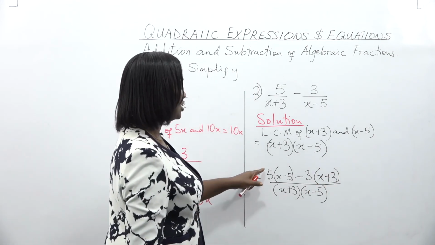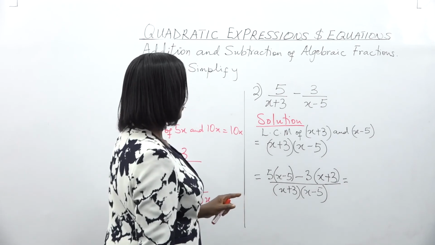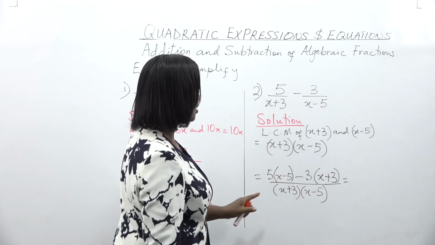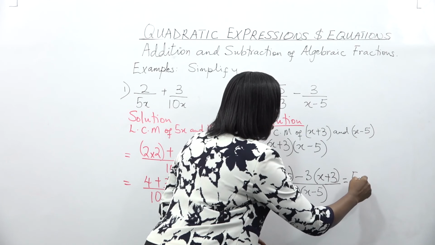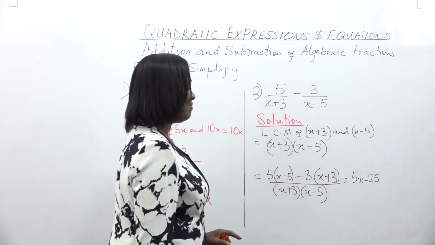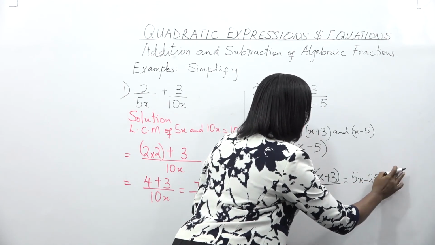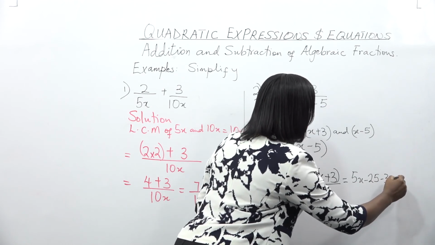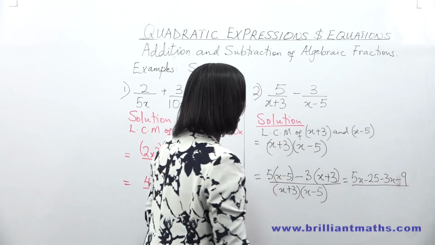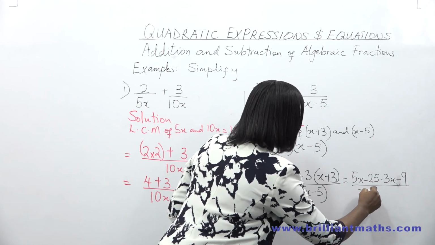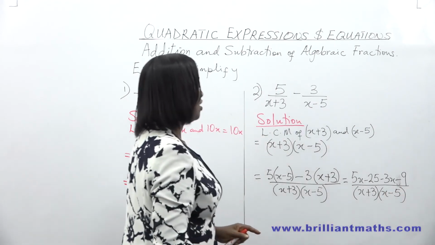So next, I'm going to expand this to have 5x minus 25, minus 3x minus 9, all over x plus 3 into x minus 5.